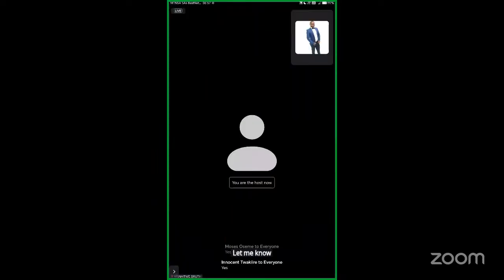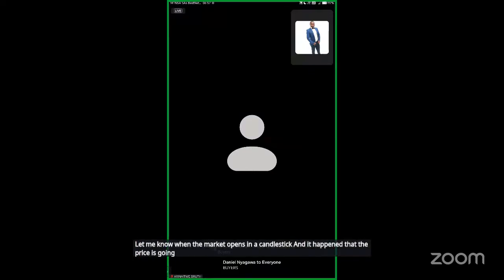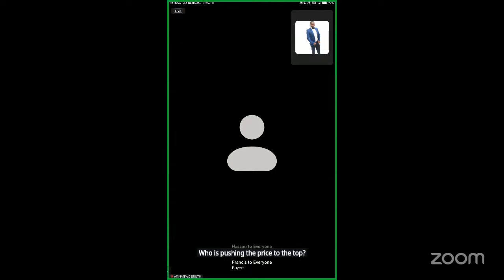When the market opens in a candlestick and the price is going up, who is pushing the price to the top? I'm checking.